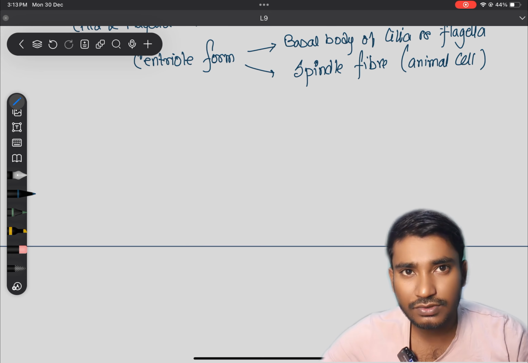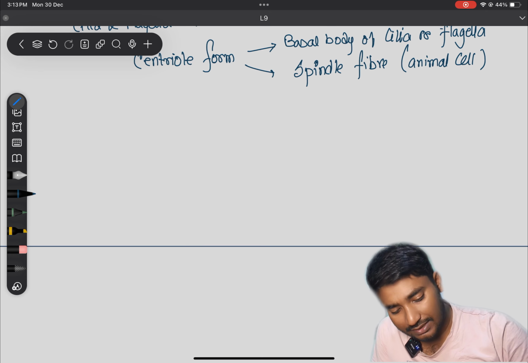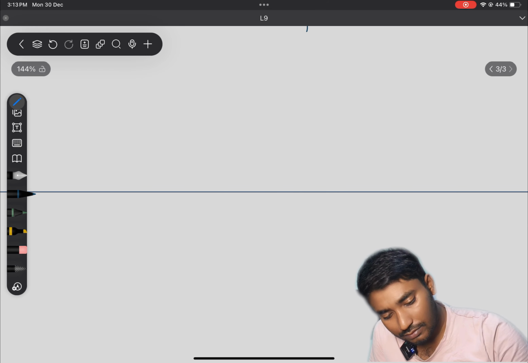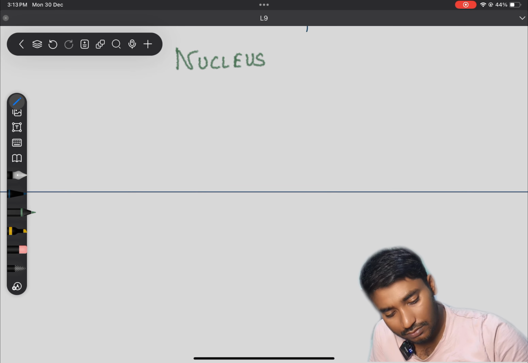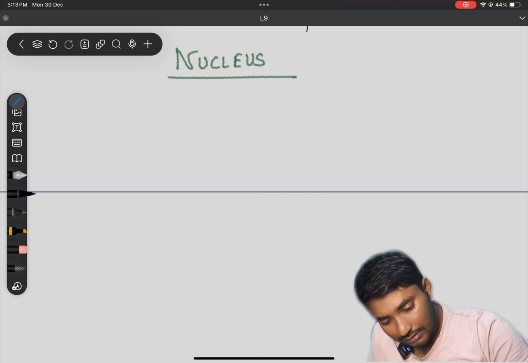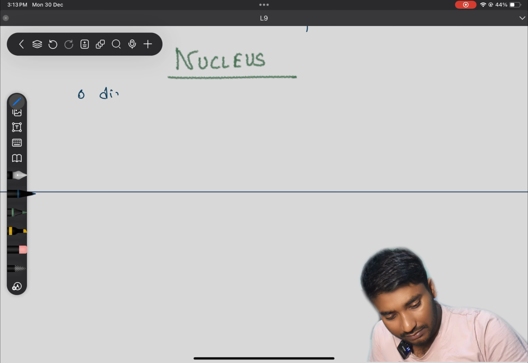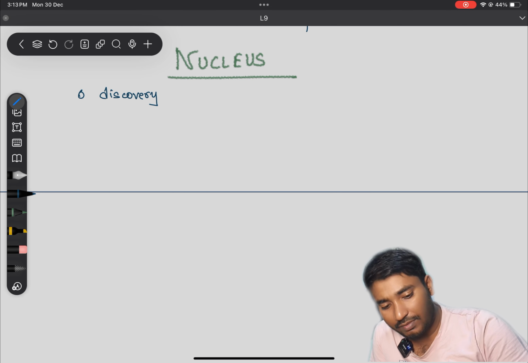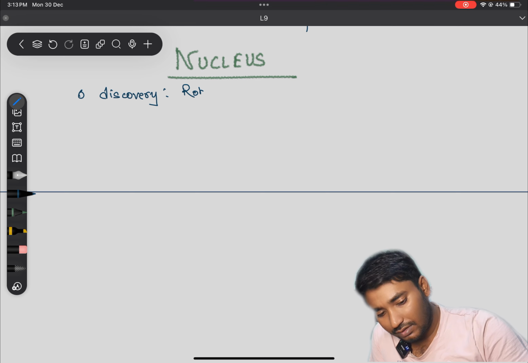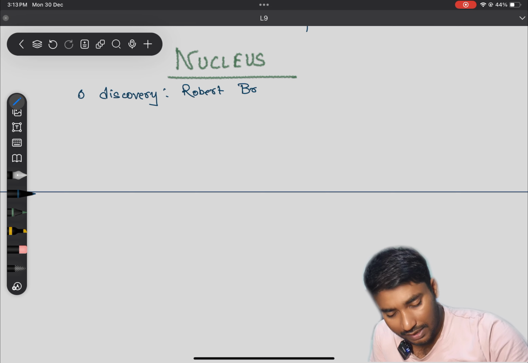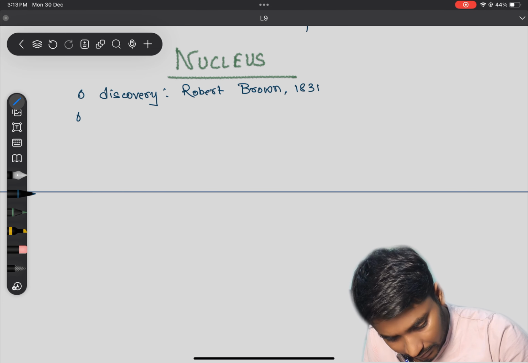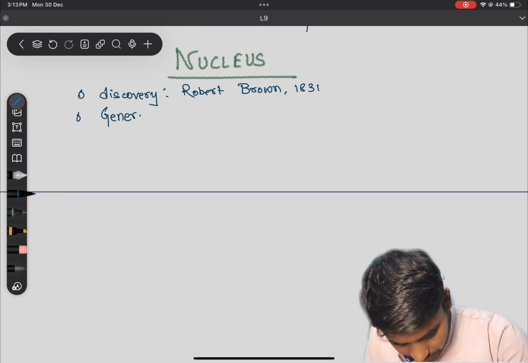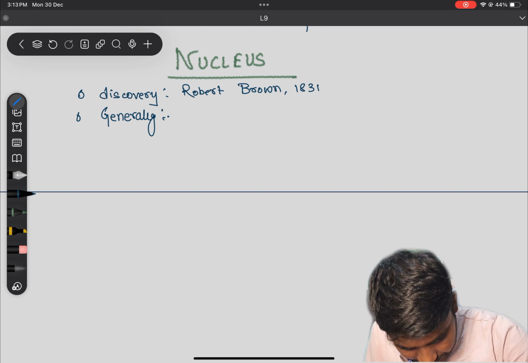Now we come to the nucleus. Give the topic: nucleus. Discovered by Robert Brown in the year 1831. Generally a single nucleus per cell.